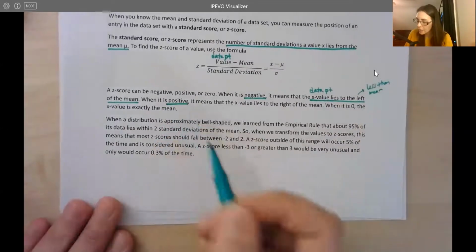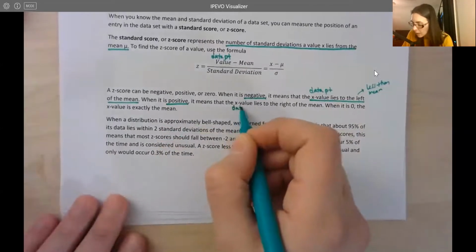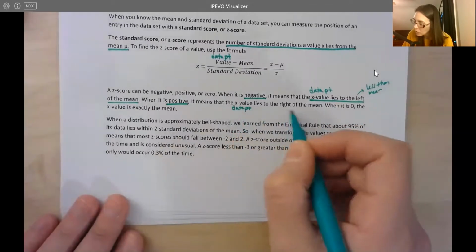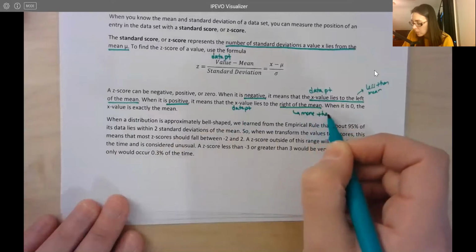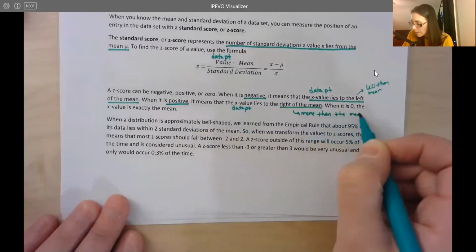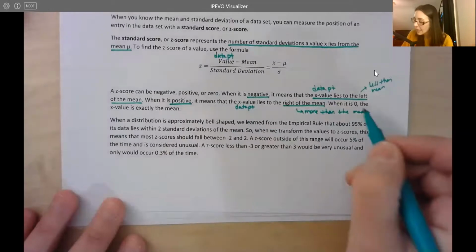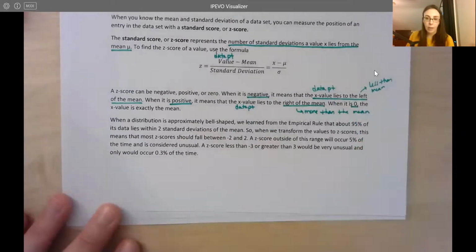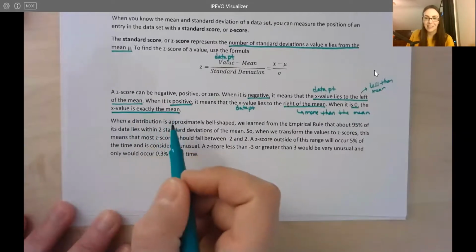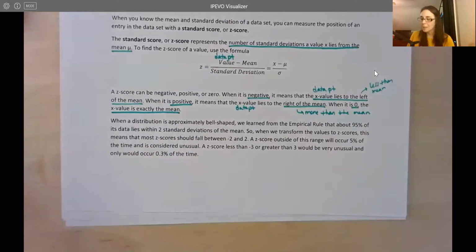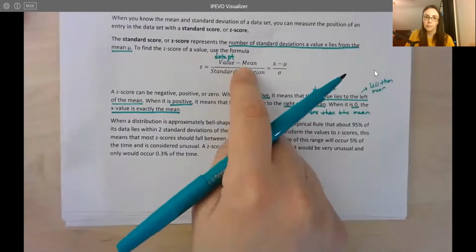When it's positive, it means that the X value lies to the right of the mean. So it's more than the mean. If your Z-score is 0, which is rare, it means the X value is exactly the mean. So the data point you have is the mean. So when you subtract, you get that 0 in the numerator.